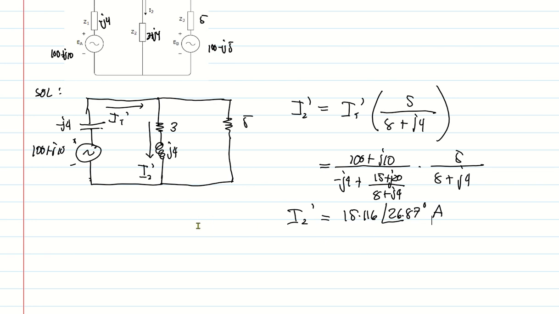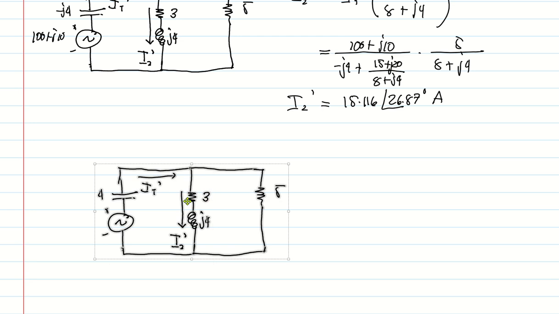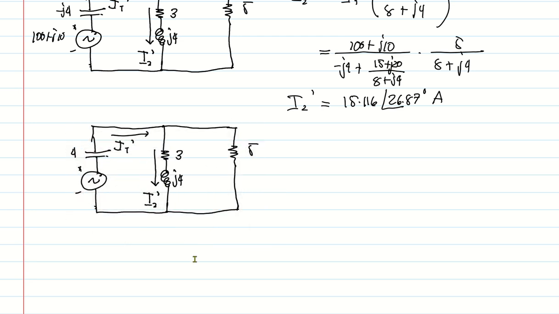After that, we repeat the process for the other source. We can just copy the circuit, then change this. This will be a short circuit. This is negative j4.